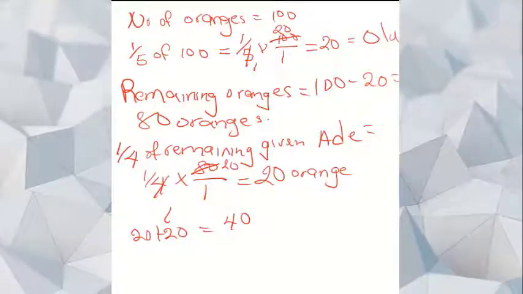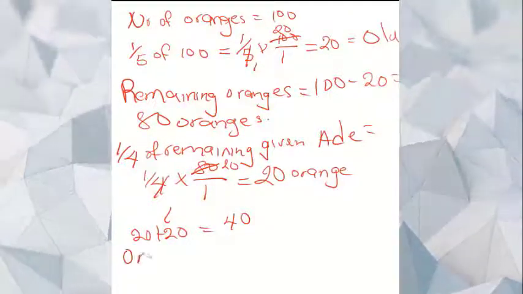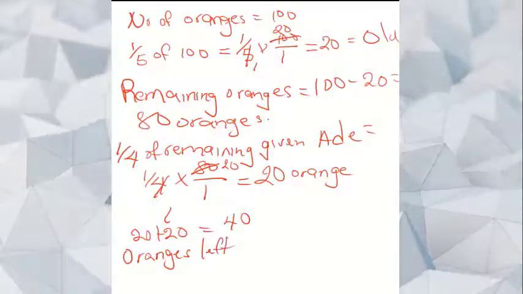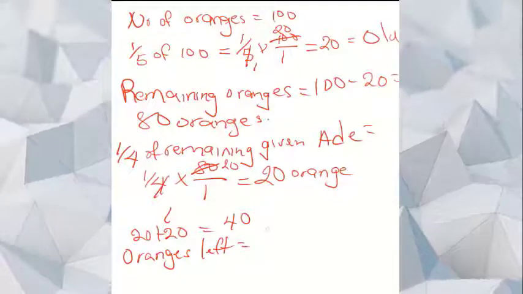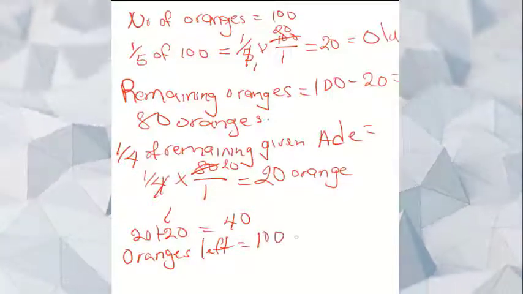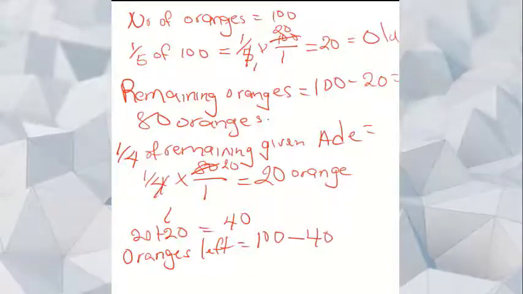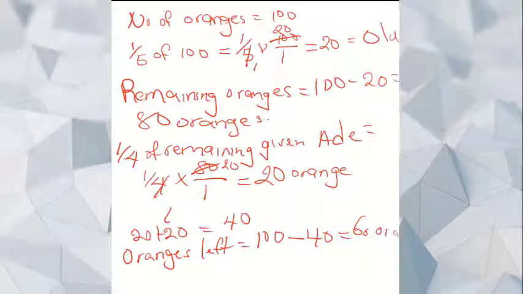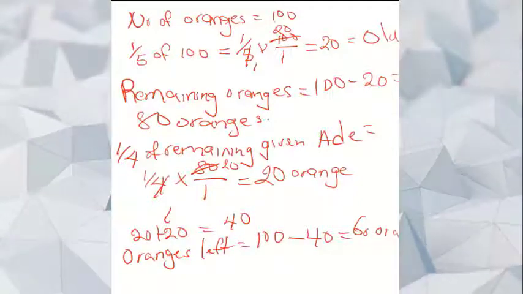Oranges left is equal to the total number of oranges, 100, minus 40, which is equal to 60 oranges. So you have 60 oranges left.